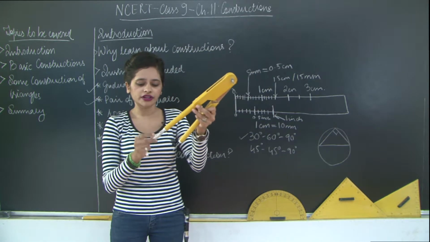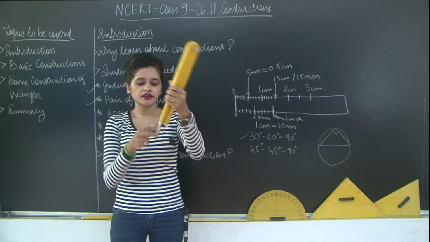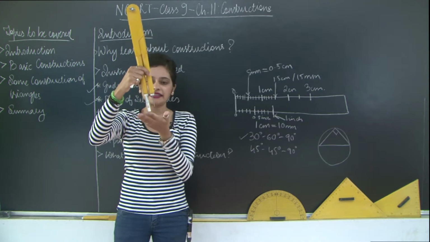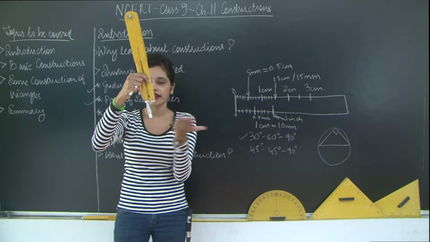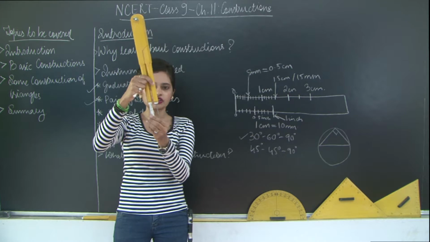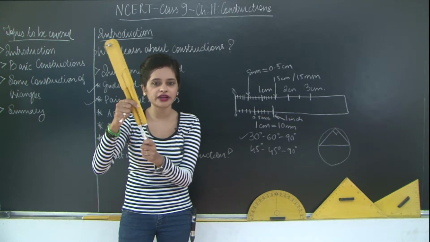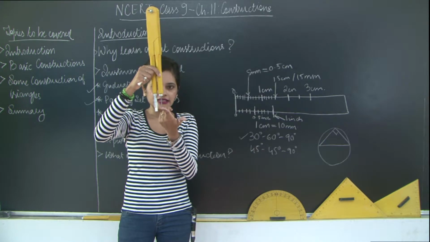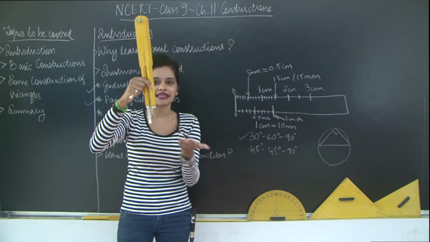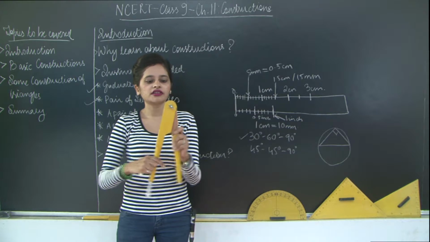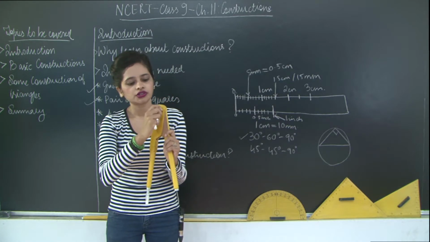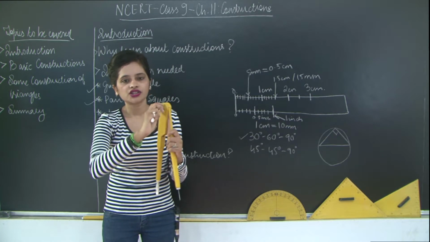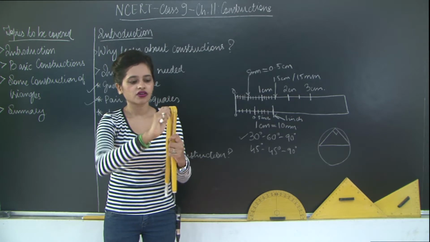It is very important that the pencil here and this needle are at the same level. Here my chalk is too large, so I am going to break it later and make sure that the nib of my needle and the chalk are at the same level. And here there is a screw, so you can adjust the tightness of this compass.